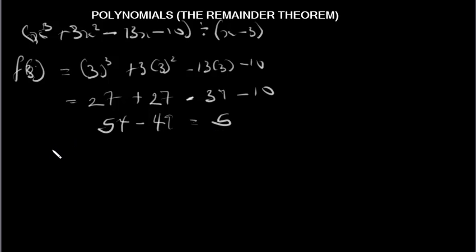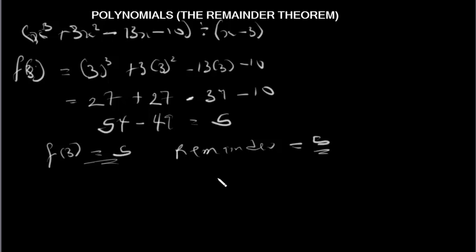So the remainder, f of 3, is 5. So in this case we know that the remainder in this polynomial equals 5.